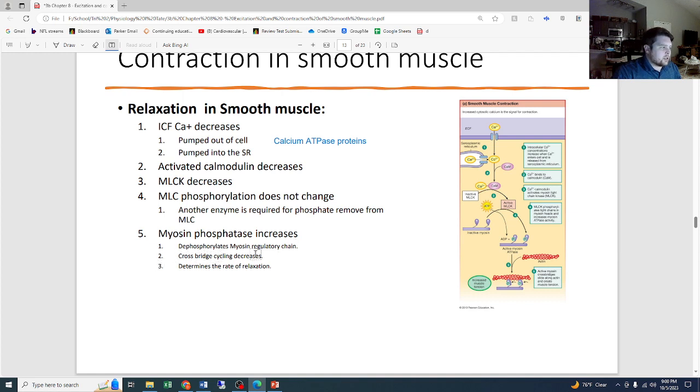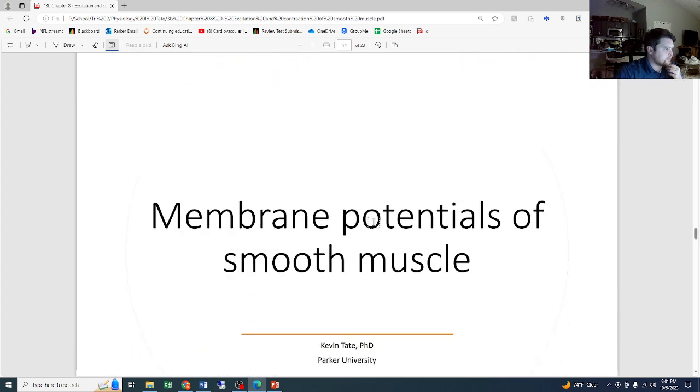The cross-bridge cycling decreases, and this is also going to determine the rate of relaxation. So if we have more myosin phosphatase, we're going to have an increased rate of relaxation. And again, this doesn't have to be released right away. We can have that held and sustained contraction for a very long time with the smooth muscle without using any additional ATP or additional energy.